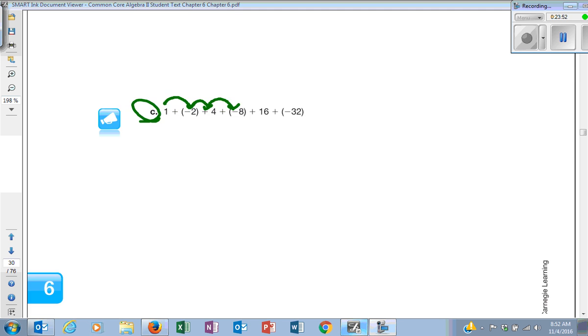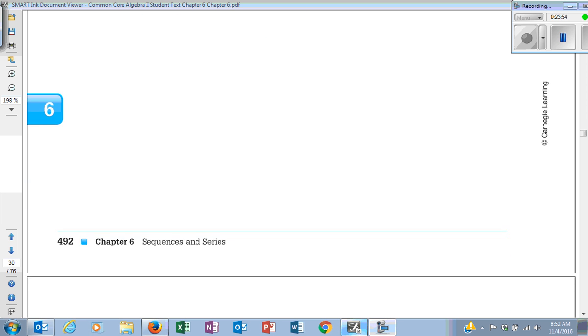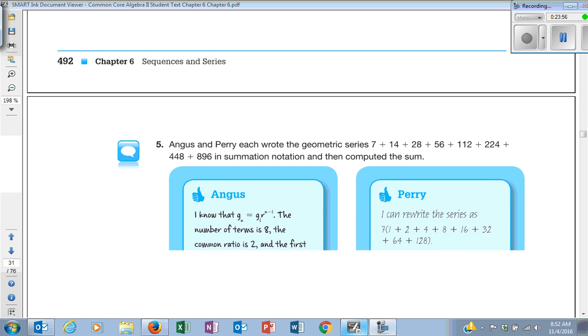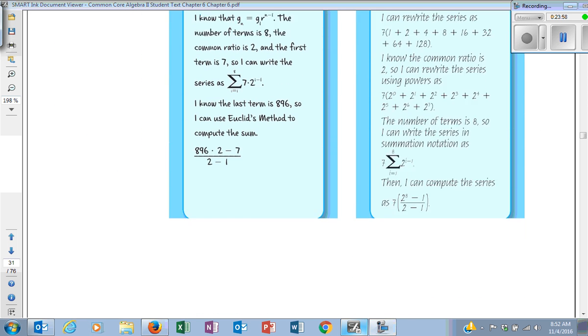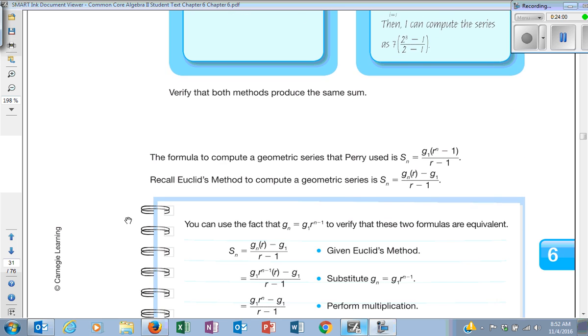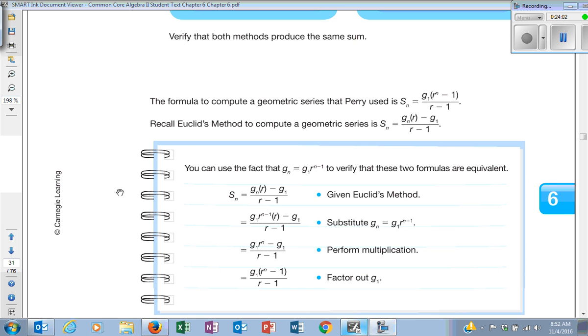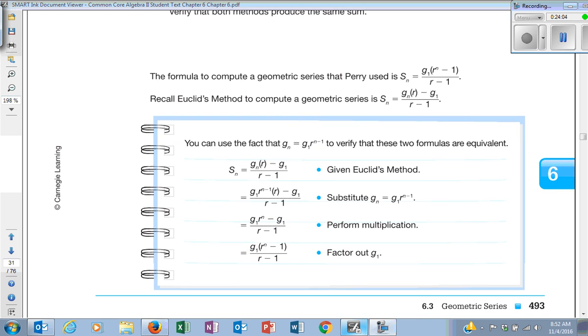All right, there's another formula that we can use to compute series for geometric, and we're going to talk about the difference between them, and that formula is right here. We're going to talk about the difference between Euclid's method and this other method.